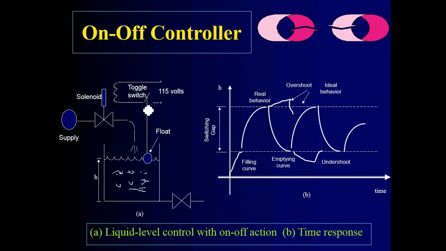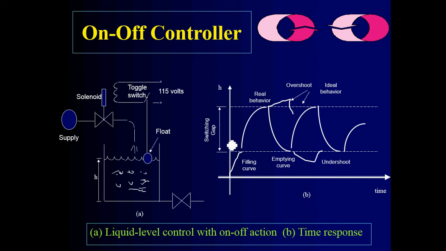So if this goes down, and then depending on how it goes down, this would open up, and if this goes up, then this would shut off the valve. That's the idea here.